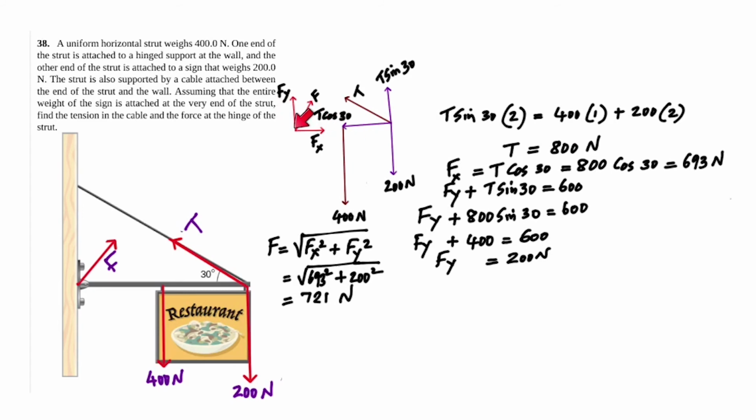I know that Fy plus T sine 30, those are the 2 up forces, must be equal to the total down forces. See that? So I get Fy as 200 Newton. And if you have to find the magnitude of the force, then you use square root Fx squared plus Fy squared and find the force at the hinge.